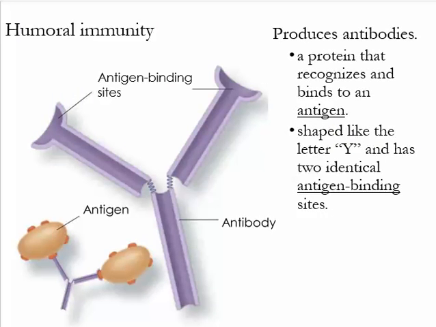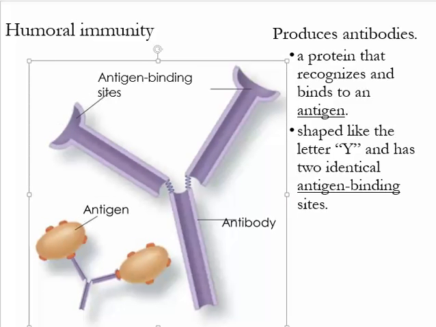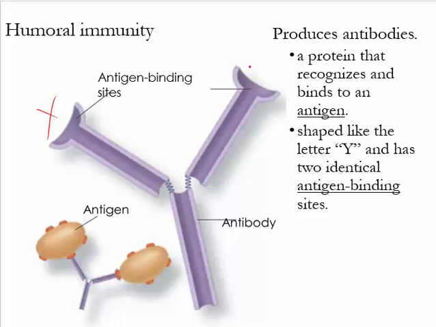So with this humoral immunity, we have antibodies, and this big purple thing here is the actual antibody. Even though I know the line says antibodies right there, all three parts make up the antibody, the whole Y structure. The two ends are antigen binding sites, and these sites right here are what connect to the antigens on the pathogen.